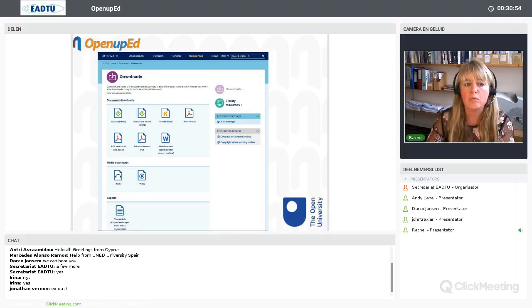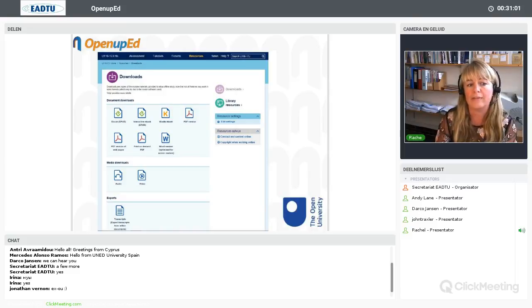But you can see there the range of different types of formats that content of that main website is available in. So students can study it online, or they can choose one of these various different downloads. So they can study it as an ebook or an interactive ebook, Kindles, PDFs, and we have Word versions that are optimized especially for screen readers as well.